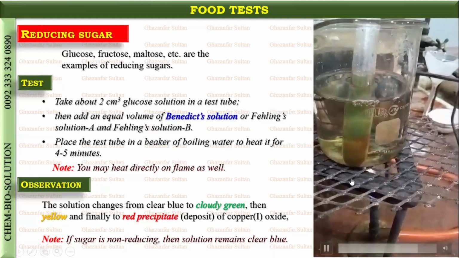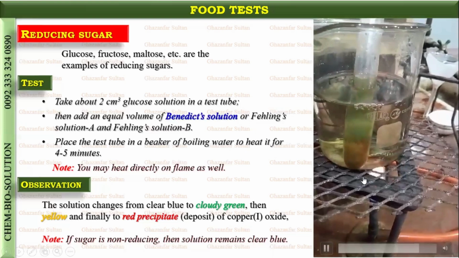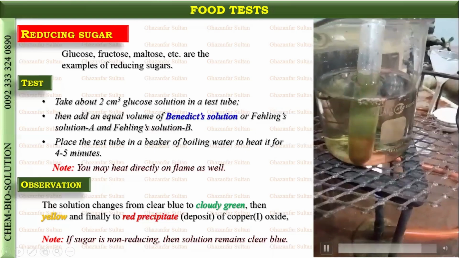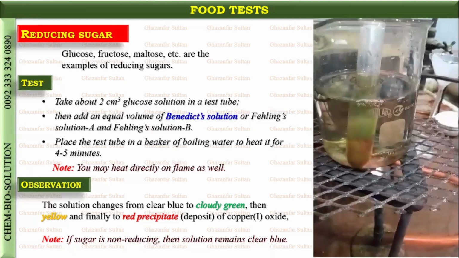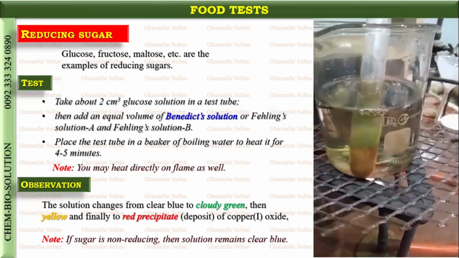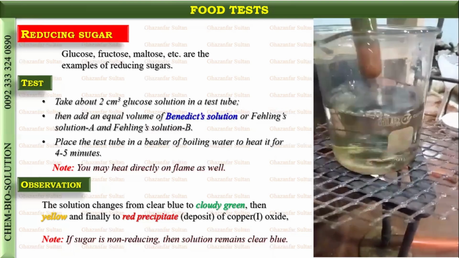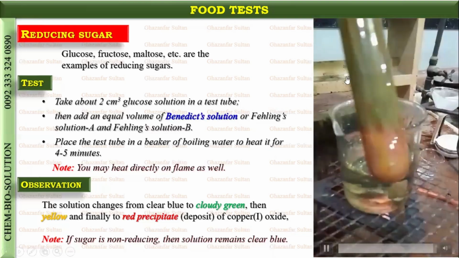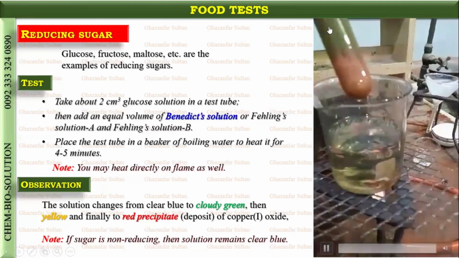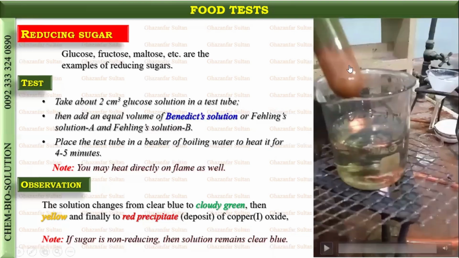We can use an electric water bath as well. It depends on the laboratory condition, whether you have a well-equipped laboratory or a simple school laboratory. Now you can see that red precipitates are there, and on the top there are the green precipitates. If you continue to heat, then all would become red.